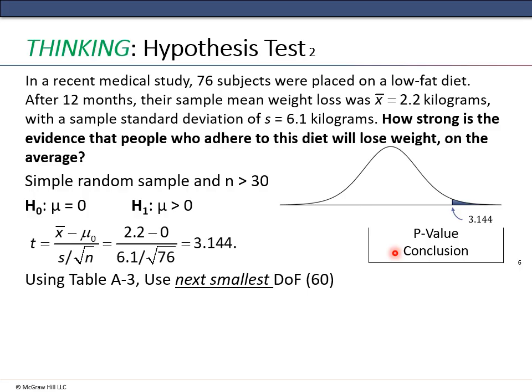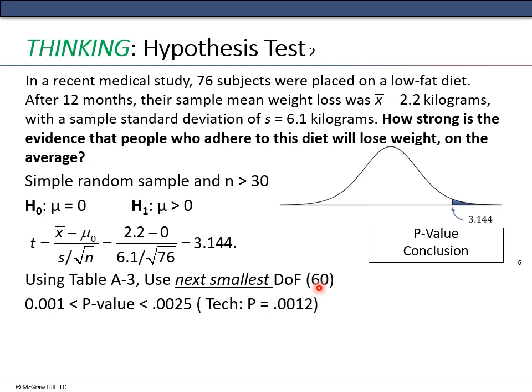Using table A3, which is our t-distribution table, and remember, if we don't have n minus 1, which would be 75, right? Our n is 76. We go to the next smallest degree of freedom, which is 60, okay?